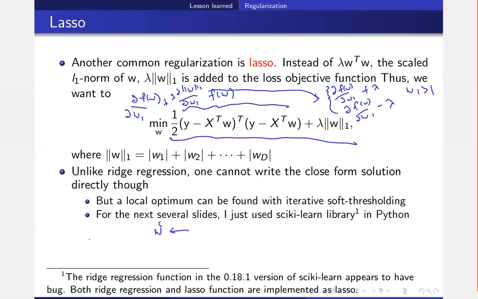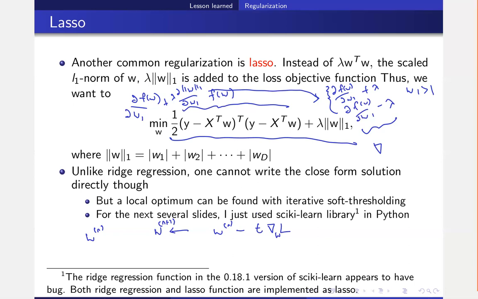I have the previous estimate of W, Wn, and the next one, W n plus 1, will be equal to Wn minus the slope, this is the gradient, del L(W), with some step size T.